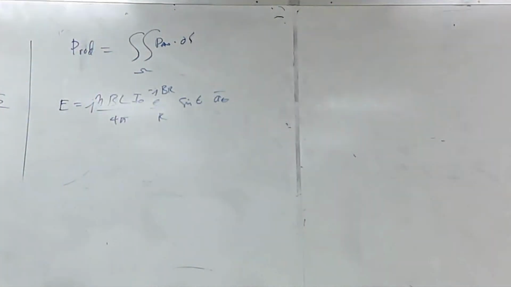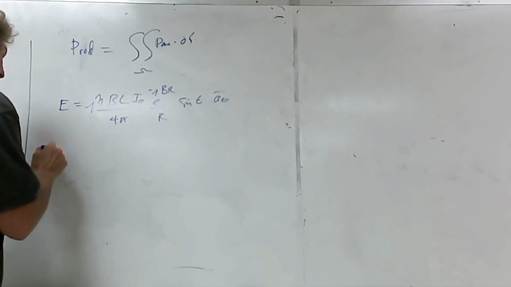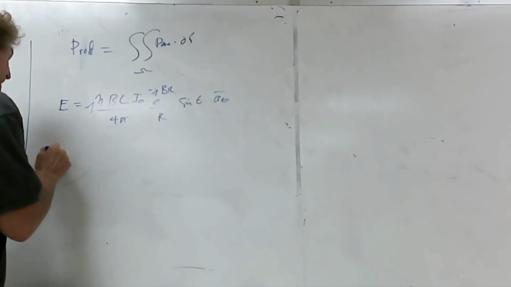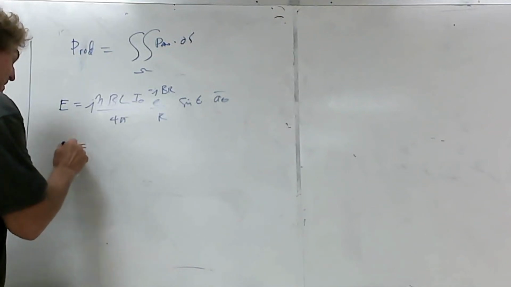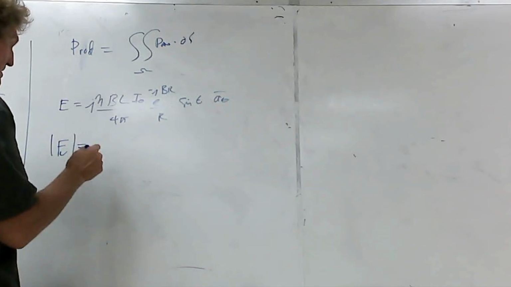I'm going to condense this, then square it and divide by eta naught, and see if I can get this manageable. First I look at the magnitude of E, and I'm going to start putting in constants.